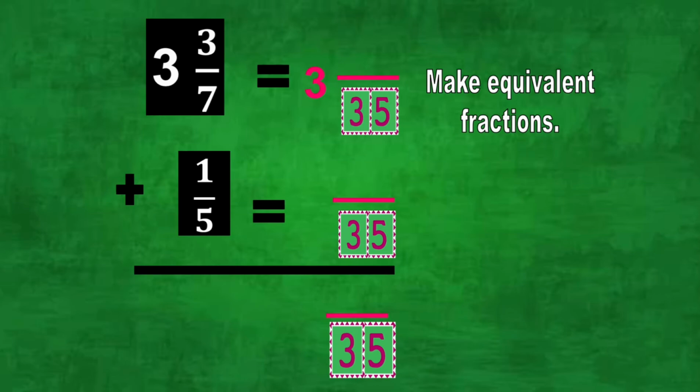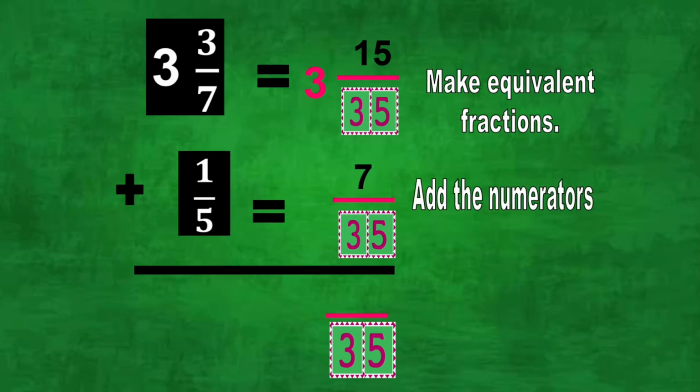So 35 divided by 7 times 3 is equal to 15. 35 divided by 5 times 1 is equal to 7. Then add the numerators. 15 plus 7 is equal to 22. Then copy the whole number. Our answer is 3 and 22 over 35.